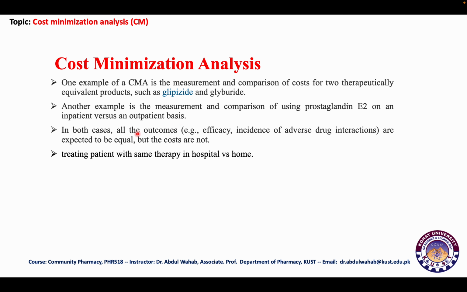In both cases, all the outcomes, efficacy, and incidence of adverse drug interactions are expected to be equal, but the costs are not. In cost minimization analysis, we mostly focus on the costs and assume that the outcomes are equivalent. Treating patients with the same therapy in a hospital versus home is another example.